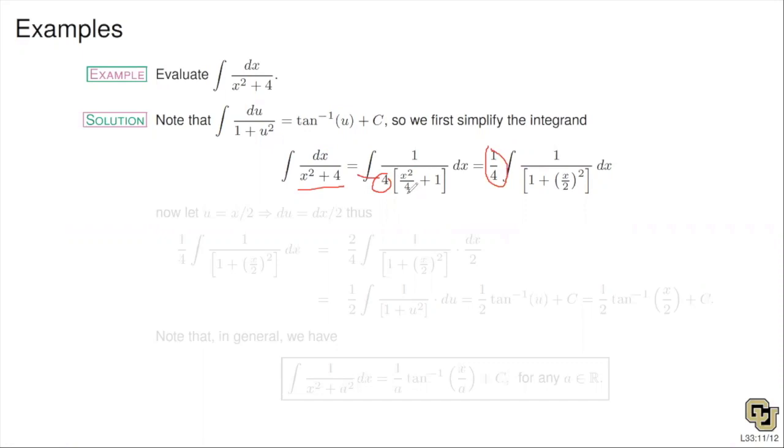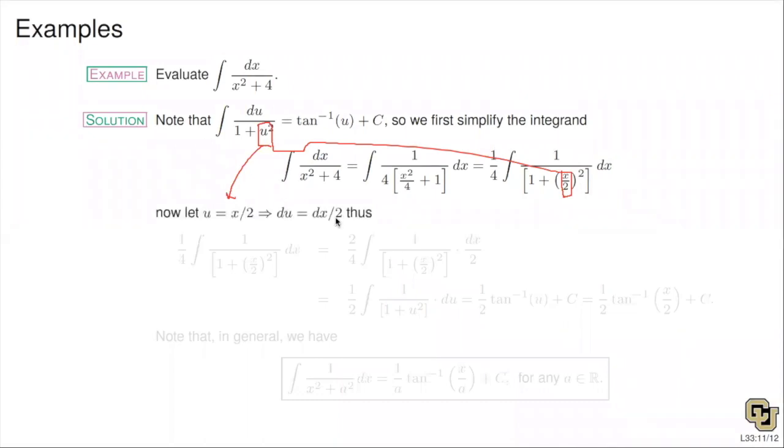The x squared over 4, I write it as x over 2, the whole thing squared, because I want this to look like a single symbol squared, blah squared. So here, blah is x over 2. Now, I'm going to replace the x over 2 with u. So use the substitution, let u equal x over 2.